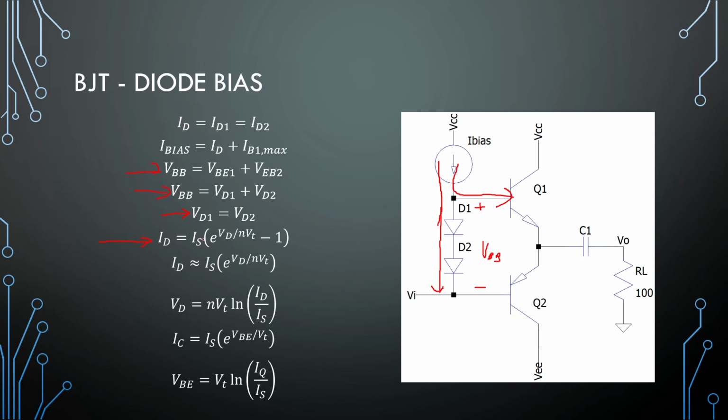For a diode, it is IS, the saturation current, e to the VD over N times VT, minus 1. In general, the exponential is much larger than 1, so that's where the approximation comes from. Always remember that a diode will have this little N included in the equation.